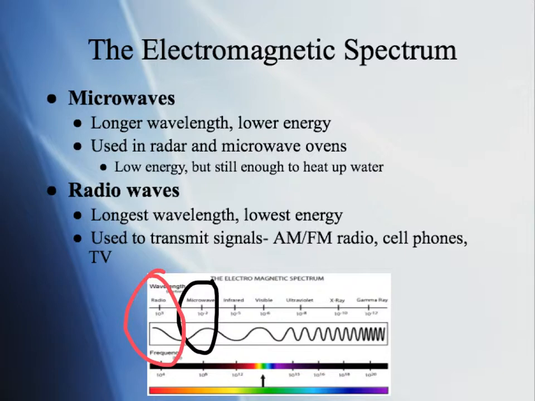So it is highly unlikely, because it is the longest wavelength and the lowest energy, that it's going to do any damage to our bodies. And we've kind of seen that because radios and such have been around for hundreds of years, and there hasn't been anything linked, any cause of death linked to radio waves.